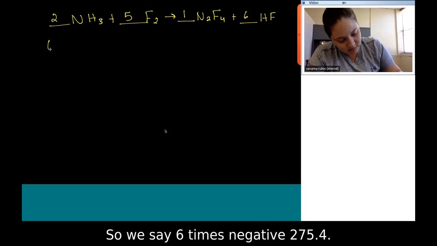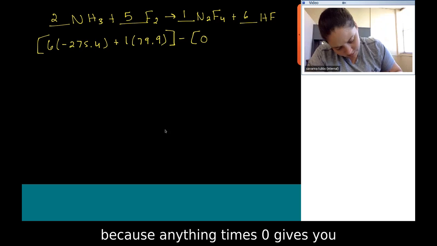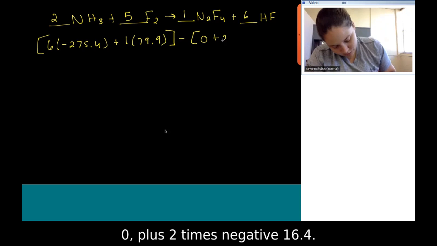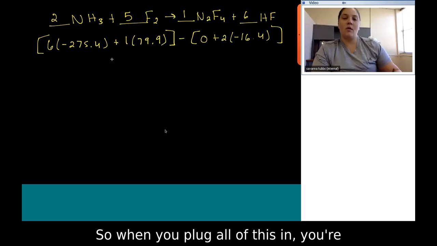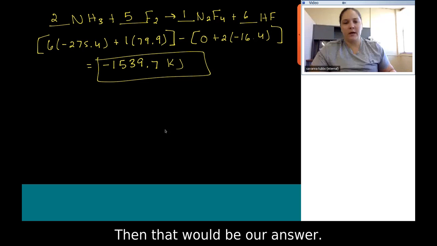So we say 6 times negative 275.4, so this is part of our products, plus 1 times 79.9 minus 0, because anything times 0 gives you 0, plus 2 times negative 16.4. So when you plug all of this in, you're going to get negative 1,539.7 kilojoules. And that would be our answer.